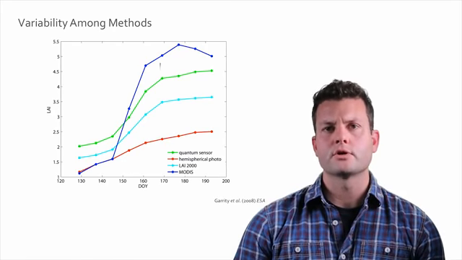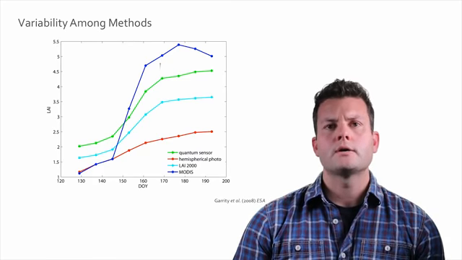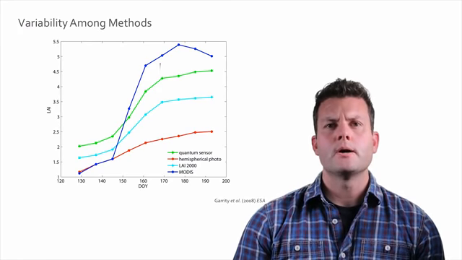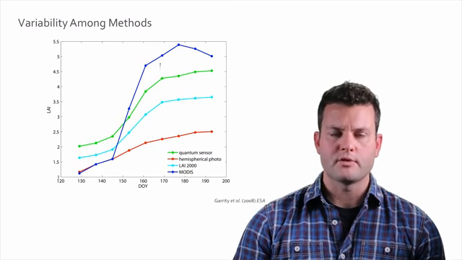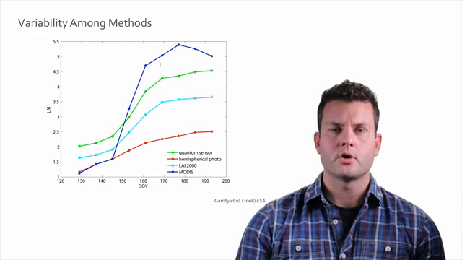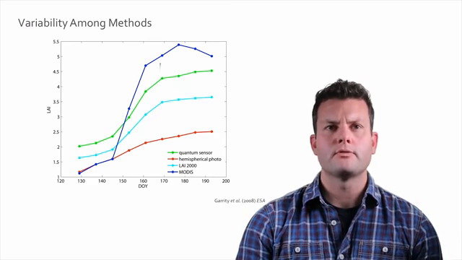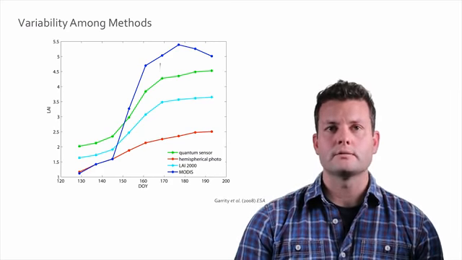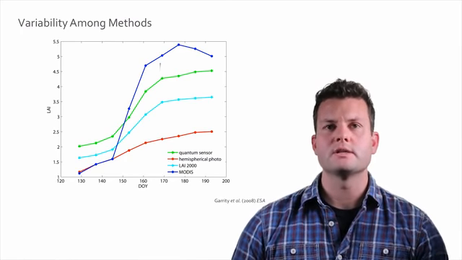I used hemispherical photography, an LAI 2000, a quantum sensor or a PAR sensor, the same thing, and then I used the MODIS satellite. They provide an LAI product, so I co-located that with some of my measurements and then compared all 4 of them. And what you can see is that on any given day, there's quite a spread of variability between the estimate provided by any one of these methods.